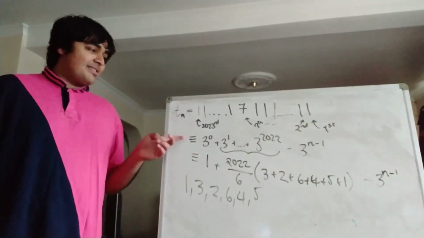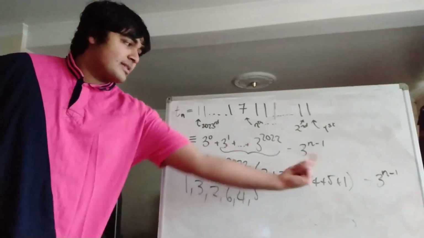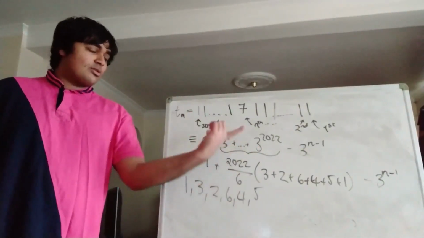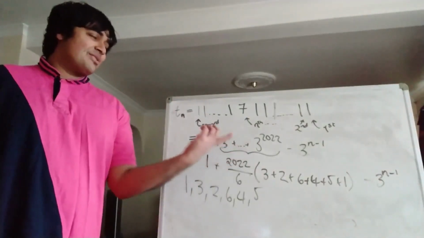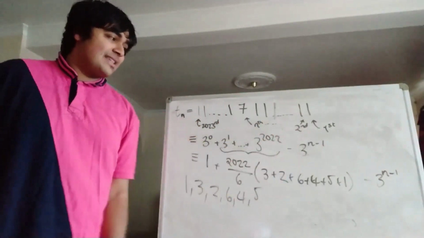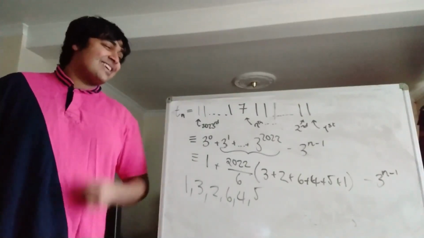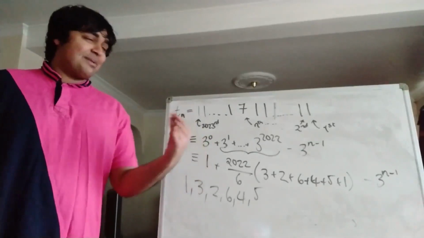But essentially this line here is congruent to this line here, because these powers of 3 correspond to some of these powers here. So we group these in lots of 6, and there are 2022 over 6 lots of those groups of powers of 3.